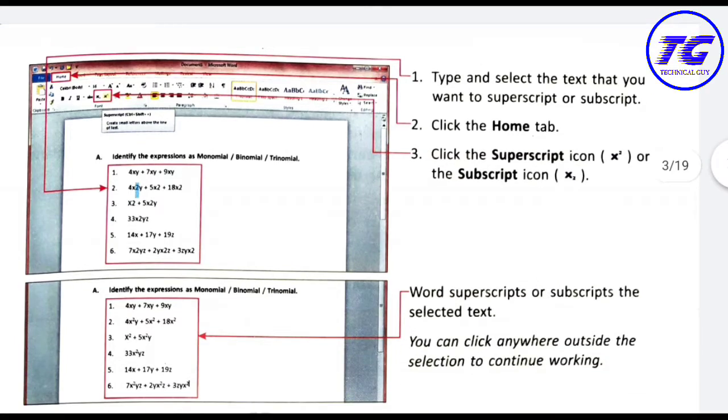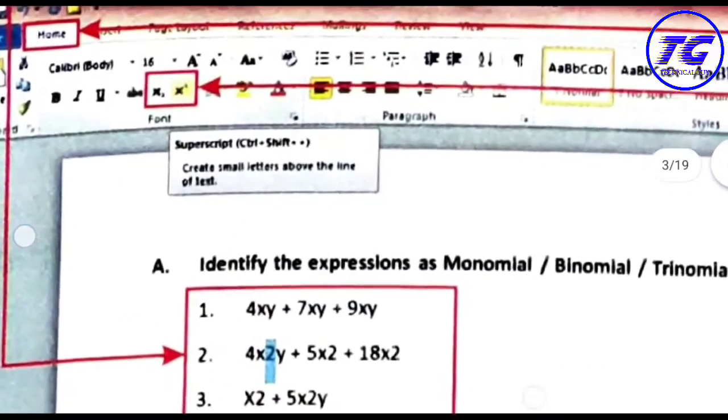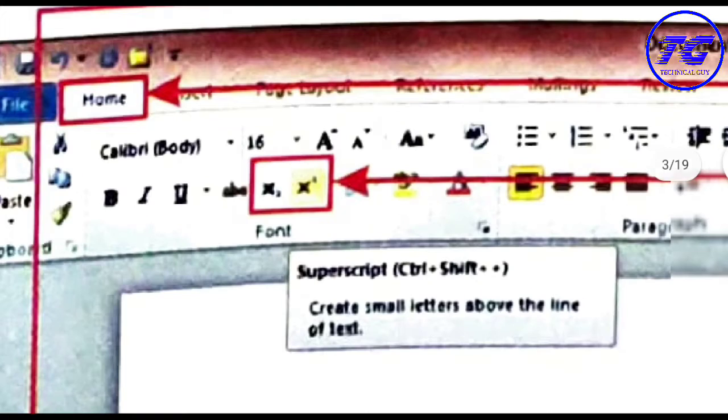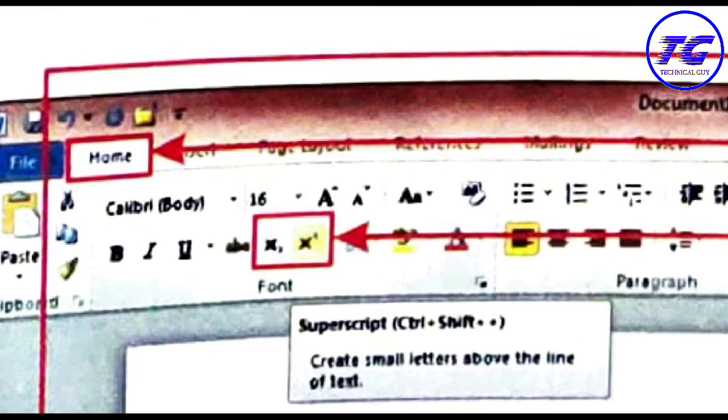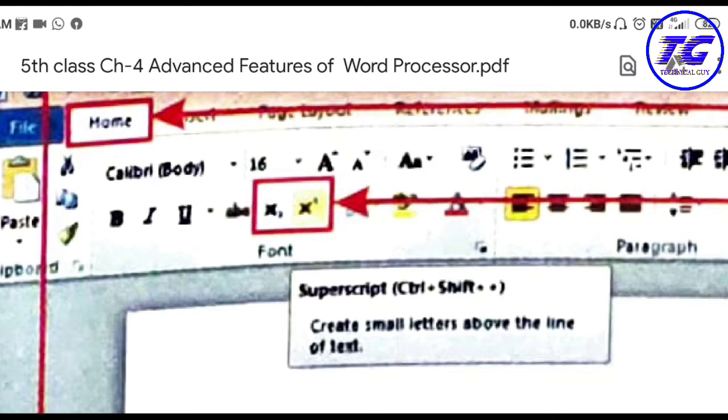Here we are given two buttons under the Home tab, in the Font group. One shows X with a 2 written under the X, and the other shows X squared, showing the power. So the first button is for the subscript and the second button is for the superscript.